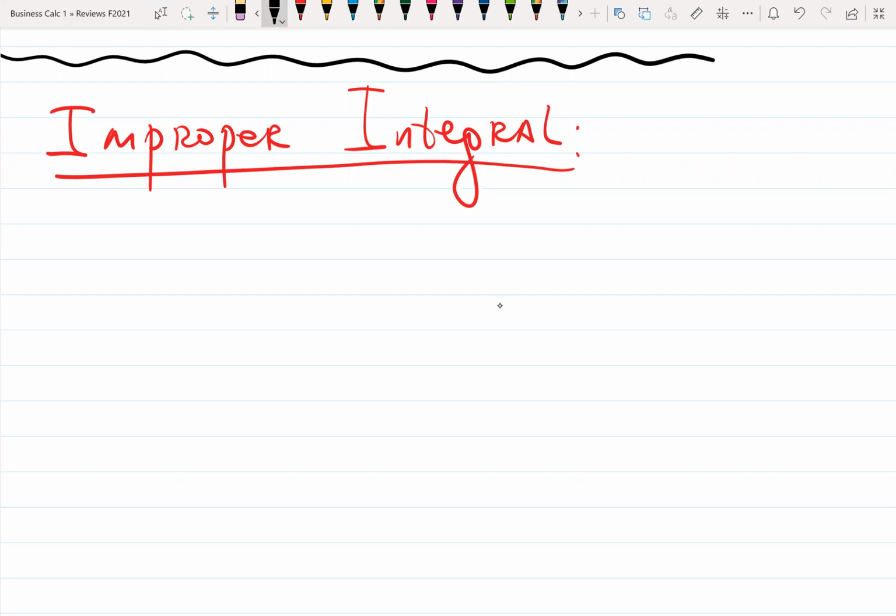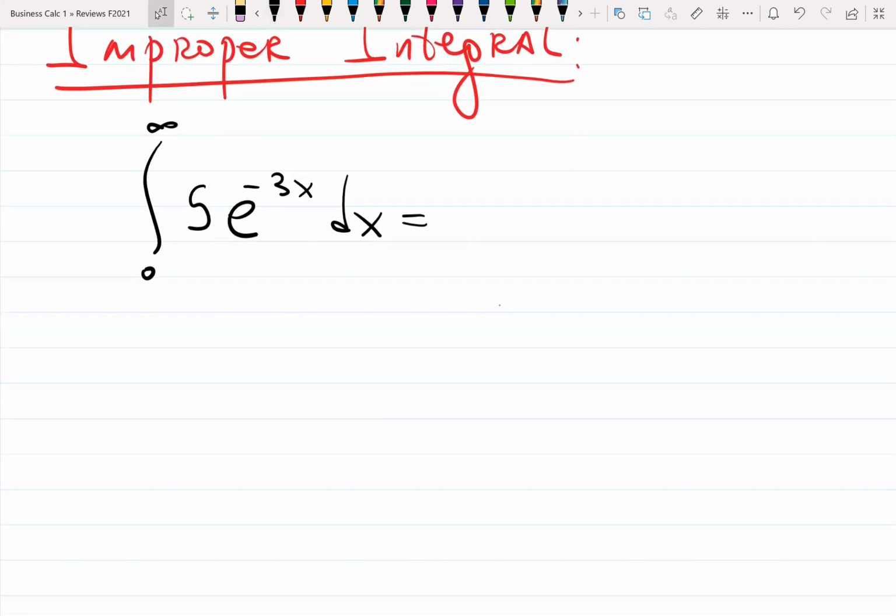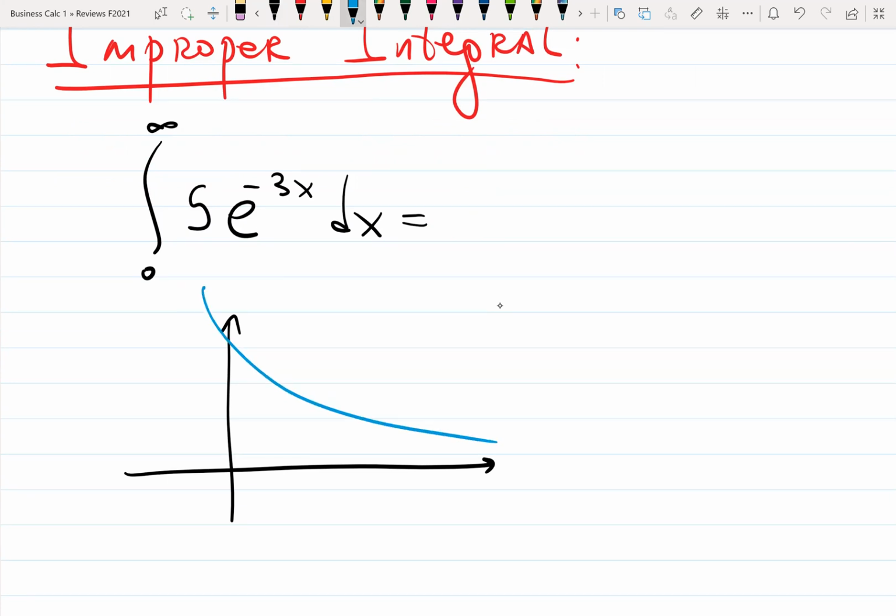Improper integrals were different. One of the easiest ones were from 0 to infinity, and then you have, say, 5 e to the minus 3x dx. And then we taught you that, oh, actually integration can be infinite. There are even cool animations we show in class where you have, in this case, an exponential function going like so. And then I'm finding the area from zero and then forever.